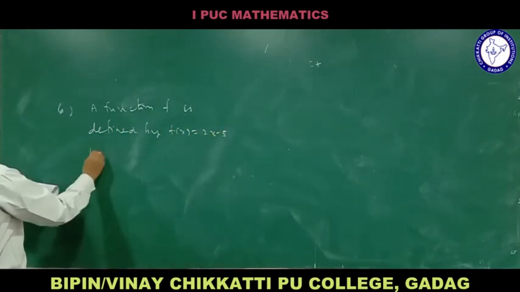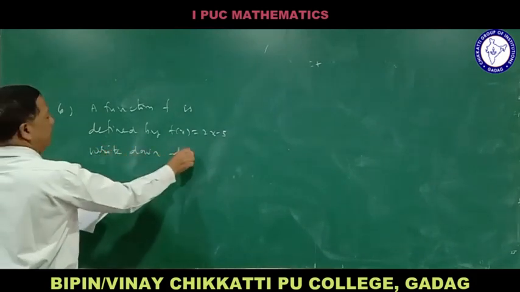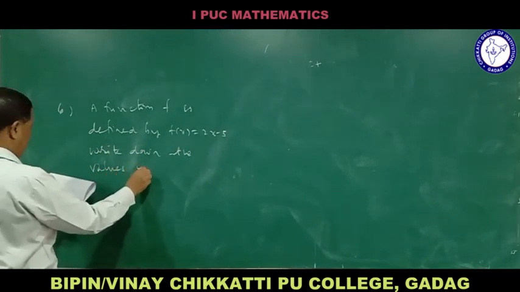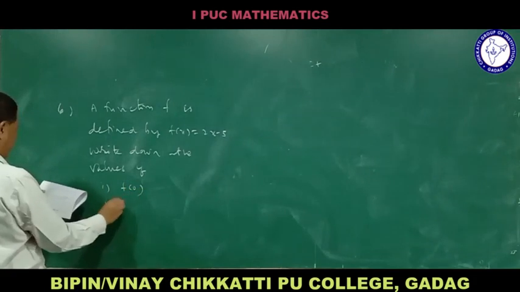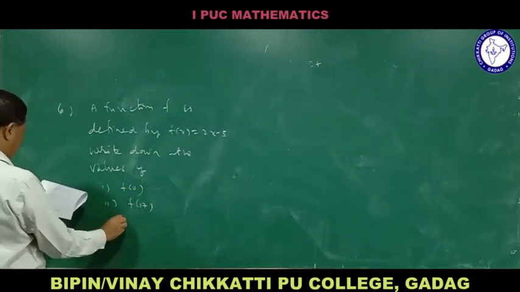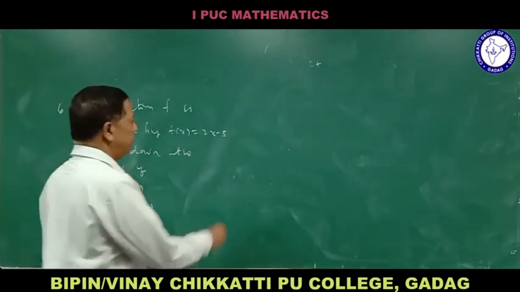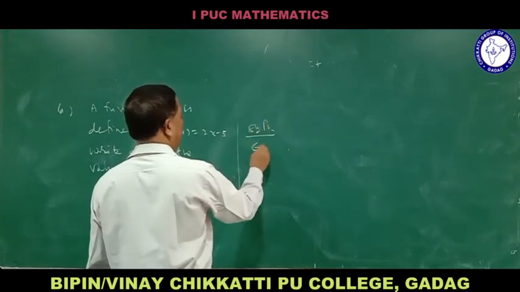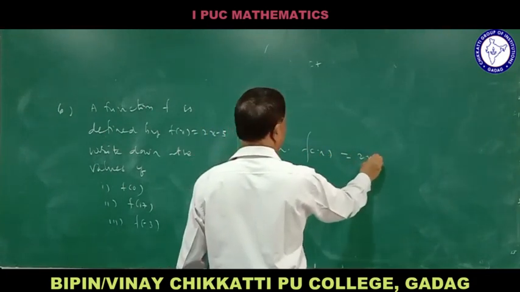Write down the values of: number 1, f of 0; number 2, f of 17; number 3, f of minus 3. The answer is very simple. See this. What is given here? Given f of x is equal to 2x minus 5.